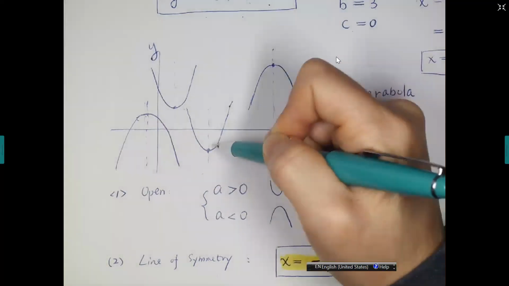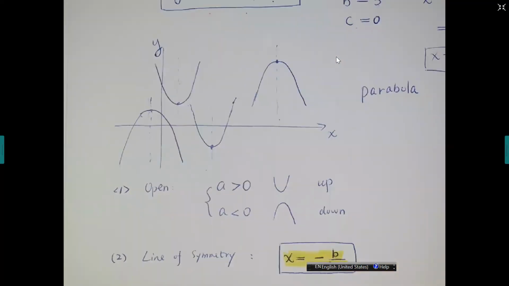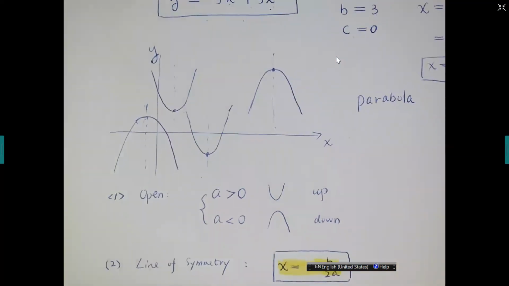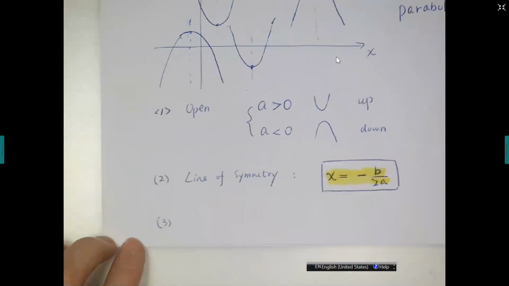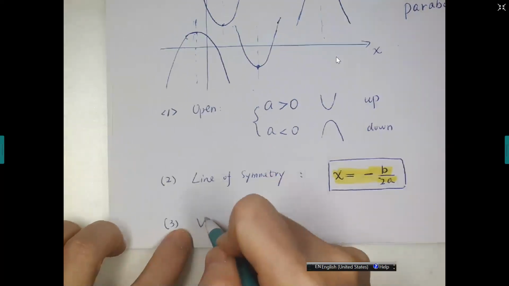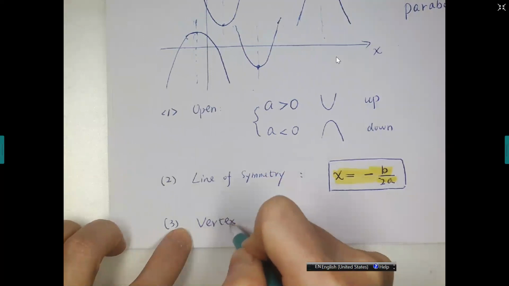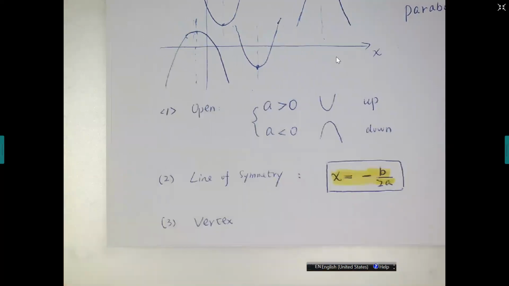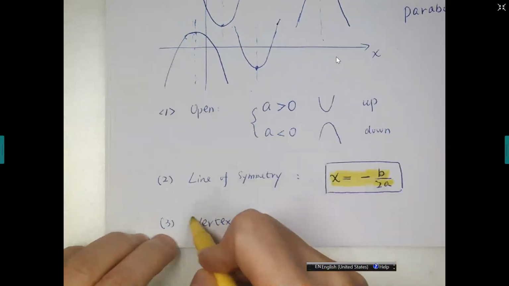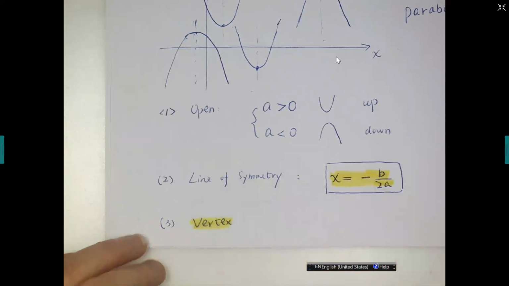This point on the parabola has a special name: the vertex. Another terminology you have to memorize. The vertex of a parabola represents the turning point, which will be either the lowest point or the highest point.